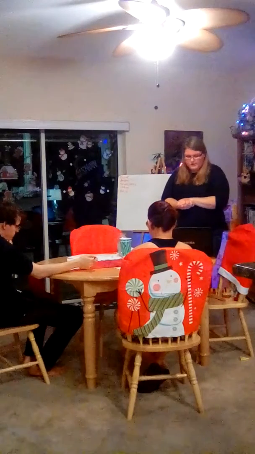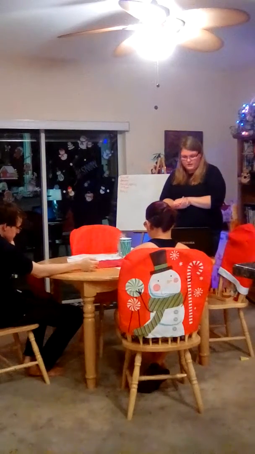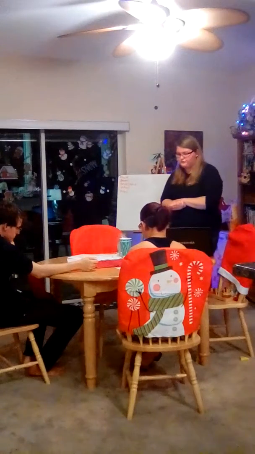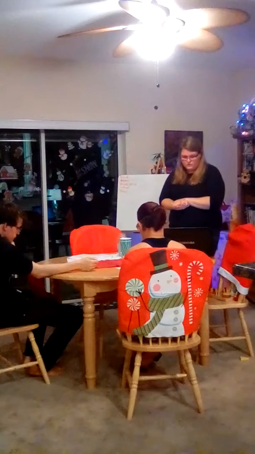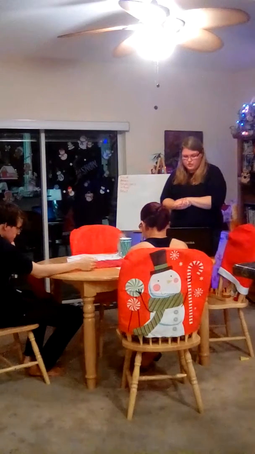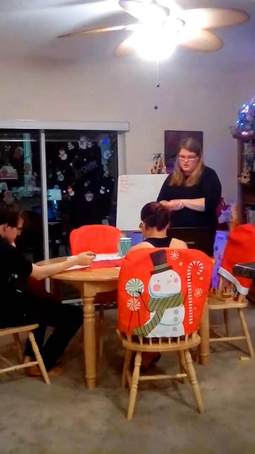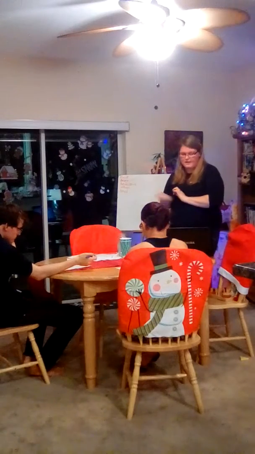All right, pencils down when you're done. All right, number 3. I want you to find the pentagon. And I want you to look below the pentagon and draw a line through that shape.